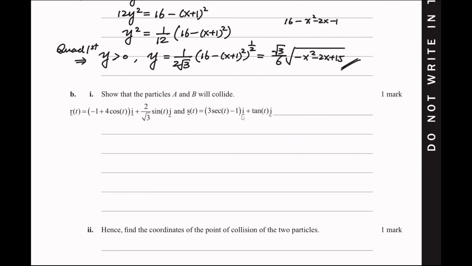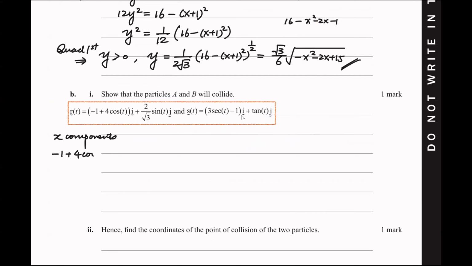Okay, so now if I'm looking at these two equations, the next thing I'm going to do is equate the x part and the y part. For example, the x component: minus 1 plus 4 cosine t equals 3 divided by cosine t, that's 3 secant t, minus 1.